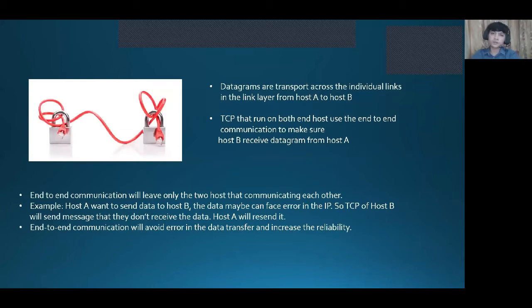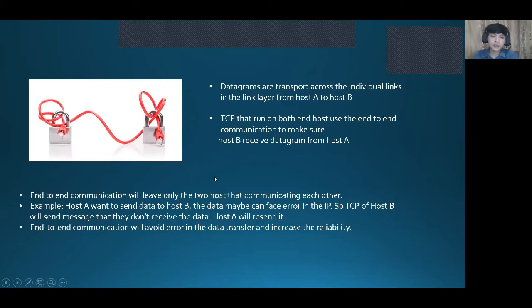Datagrams are transported across the individual links in the layer from host A to host B. The TCP that runs on both end hosts uses end-to-end communication to make sure host B receives the datagram from host A. End-to-end communication involves only the two hosts communicating with each other.